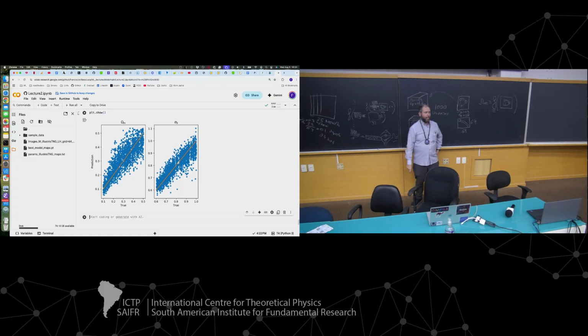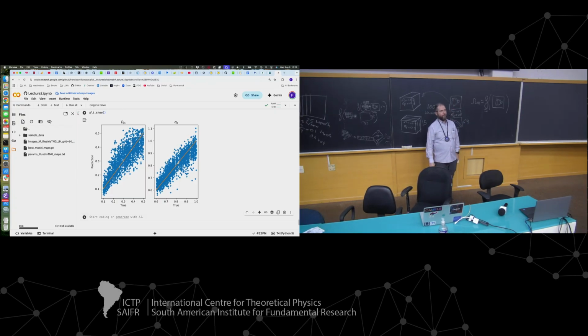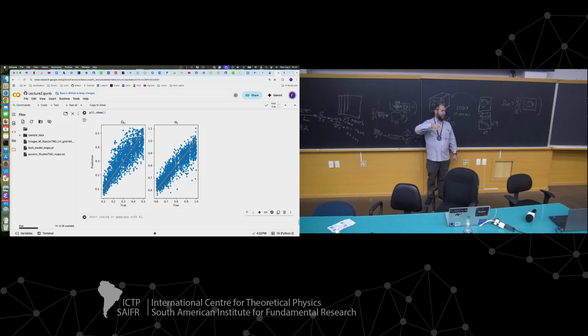Yeah, please. No, that's a good question. So how can we improve this? This could be an exercise. Maybe it's already there. I haven't even plotted the loss function, so I don't know if it has already plateaued. But definitely, I think with 200 seconds, you are not doing very well.